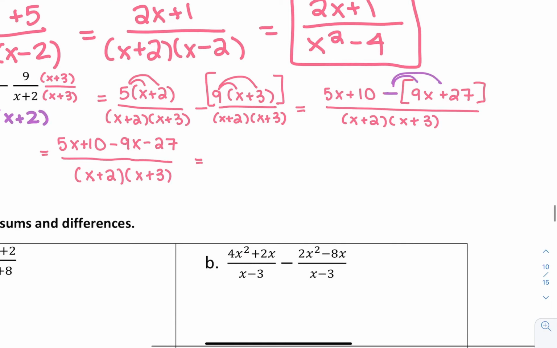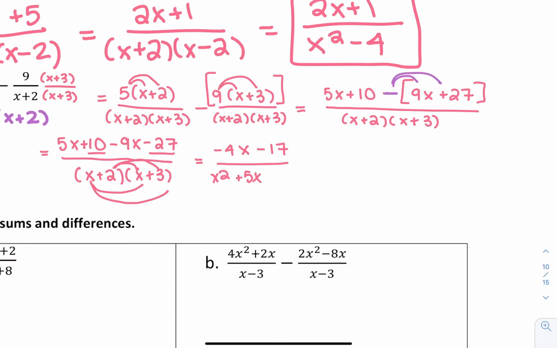So 5x minus 9x is minus 4x. 10 minus 27 is minus 17. And on the bottom, I'm going to FOIL this out. So x squared plus 3x plus 2x is plus 5x. 2 times 3 is plus 6. And there's my final answer.